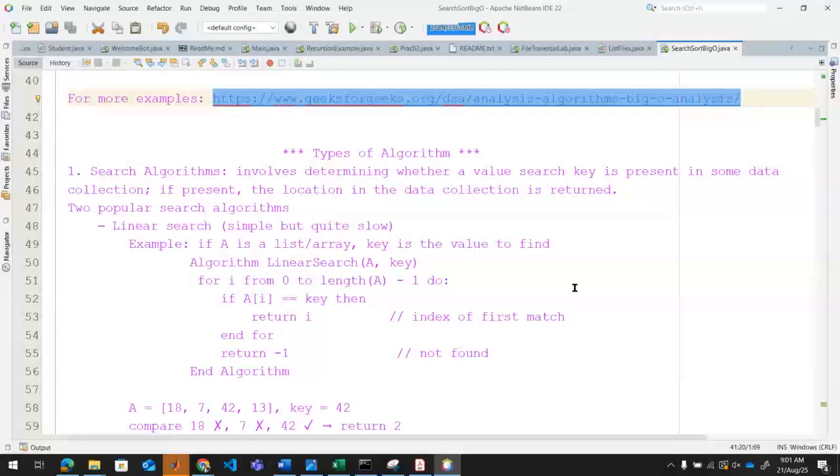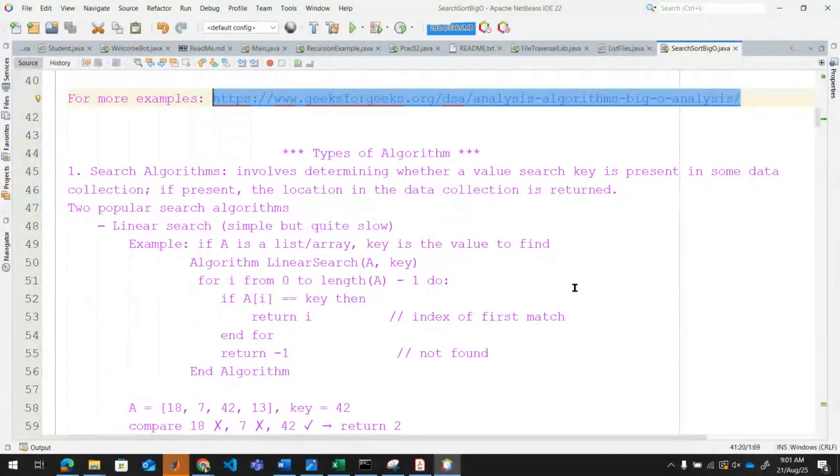Linear search is simple, quite slow in terms of what it provides to you, but it's very simple. It gives you less complexity because you're just going linearly within that search. The algorithm is shown for each and every example I provide, just to see what the pseudocode will represent. So I show you the pseudocode, then we'll do an example with that so you can see how it performs.